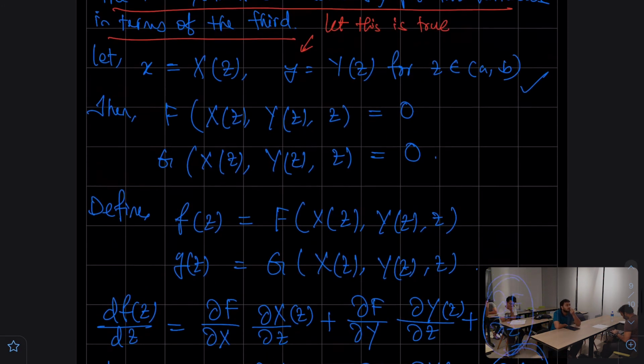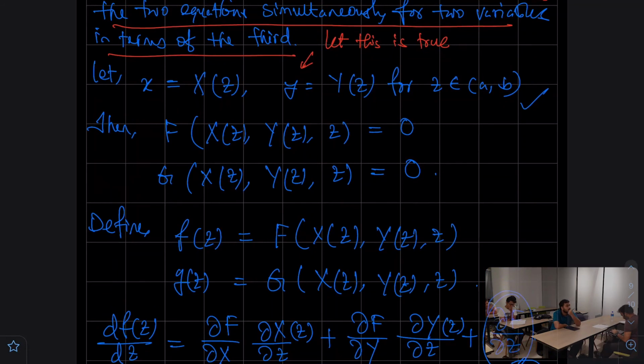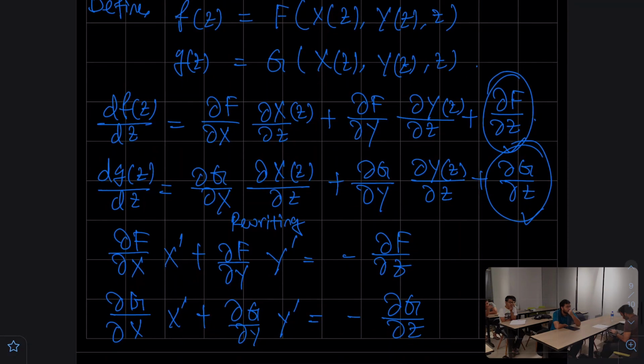Now, see that when you are defining f of z to be that function, you are not taking that to be zero, meaning that are you still on that curve? I'm taking that to be zero, like a new one. That's why I can solve it, no? When you have both of them to be zero, then you are on the curve.